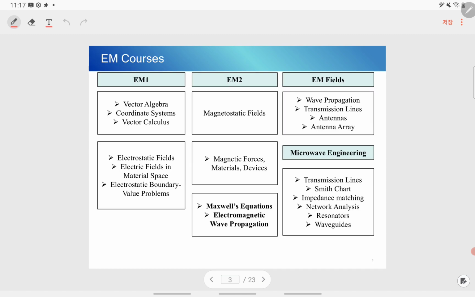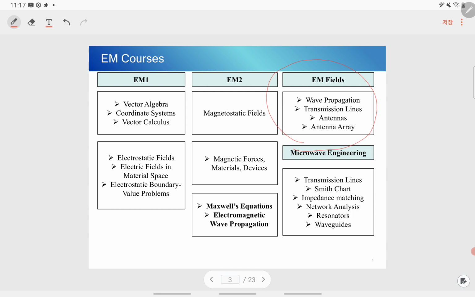About microwave engineering, you learned EM 1 and 2. At the end of the EM 2 course, you learned Maxwell's equations and wave propagation. In the first semester of third year, some students learned wave propagation, transmission lines, and antennas.